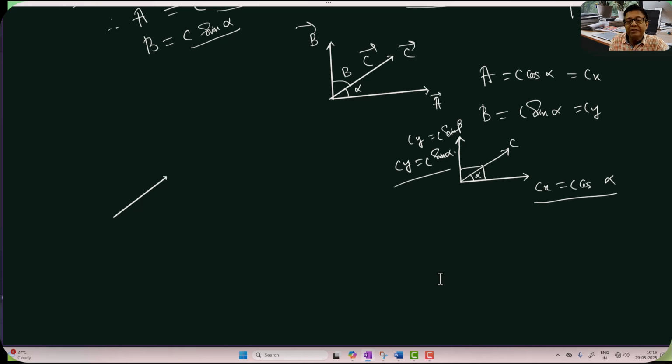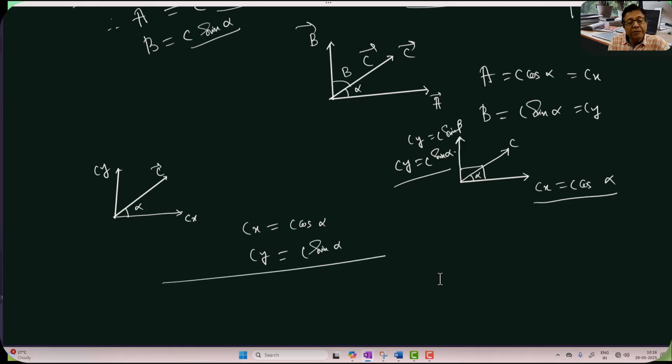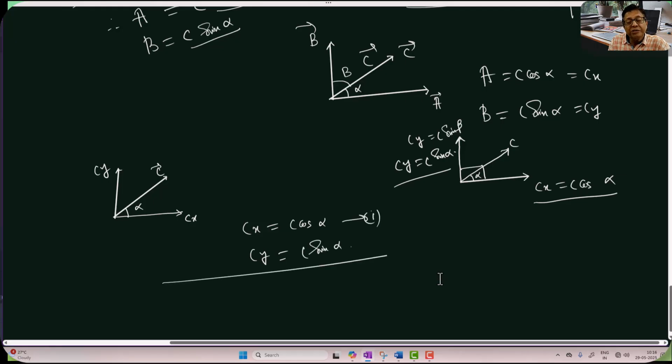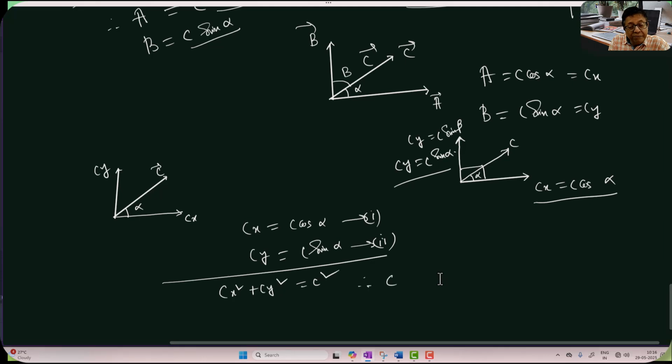One example I tell you. Here you got the vector C by resolving into components. One is Cx, the other one is Cy, and this angle is alpha. You have written Cx equal to C cos alpha, Cy equal to C sin alpha. So you just make squaring and then add Cx square plus Cy square, so C will be what?